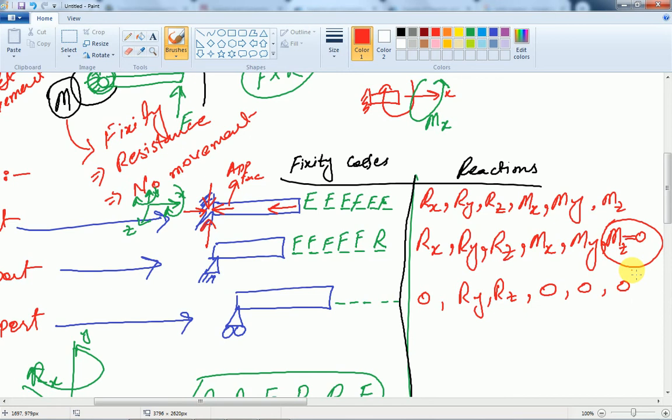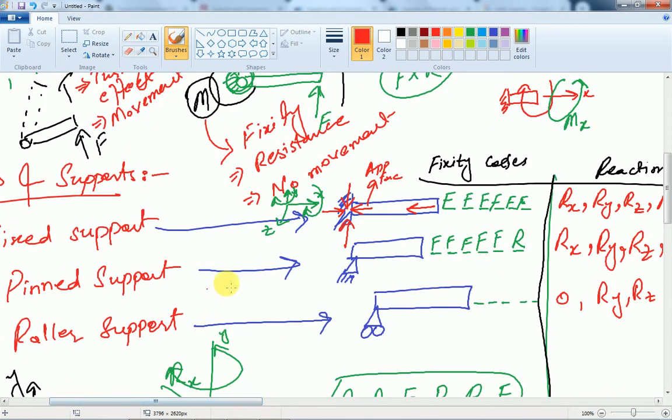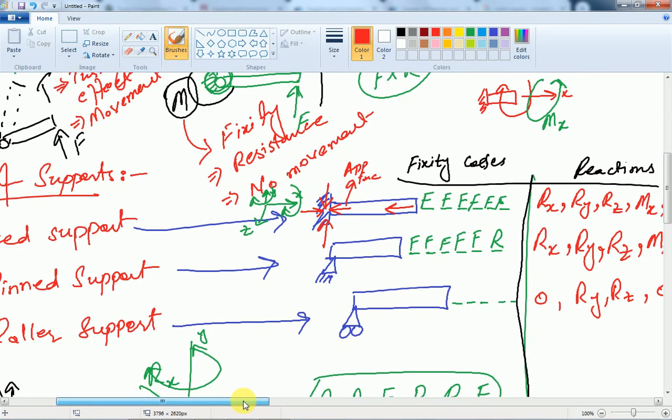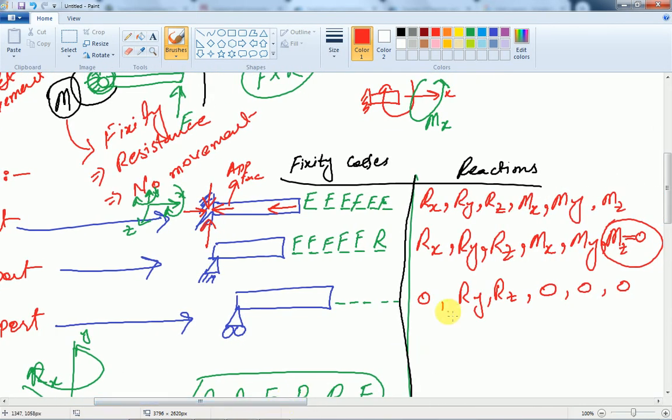So far we have just studied some kinds of supports and their fixity, or their degrees of freedom, and the reactions that supports allow in response to the applied forces.